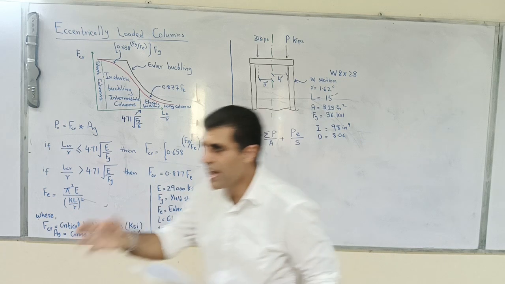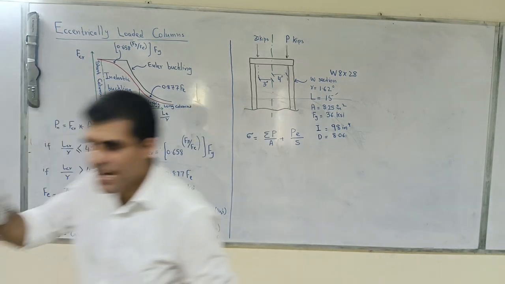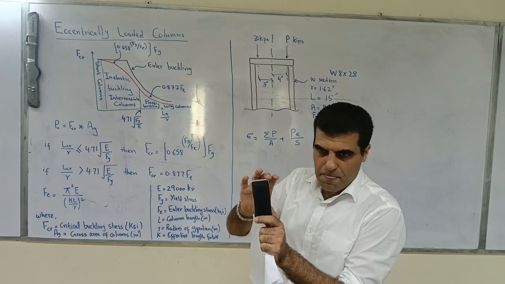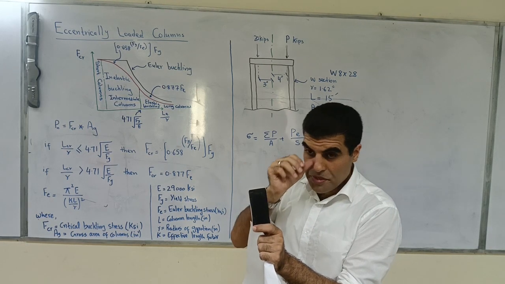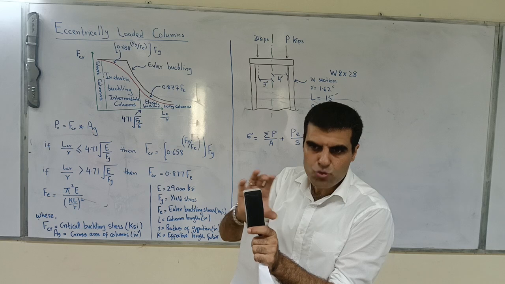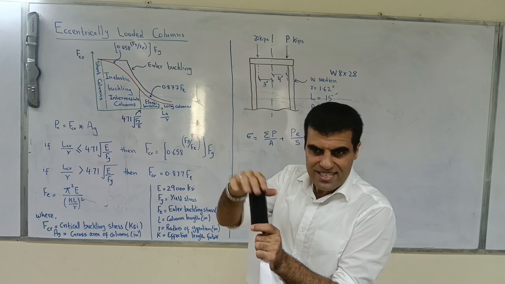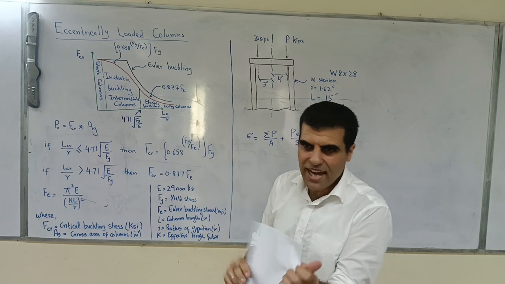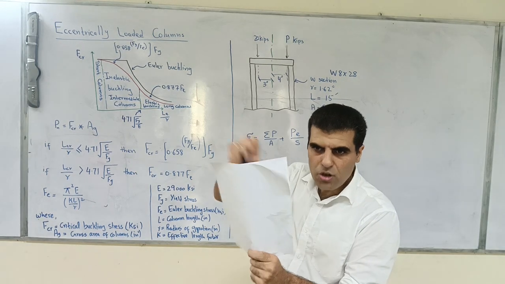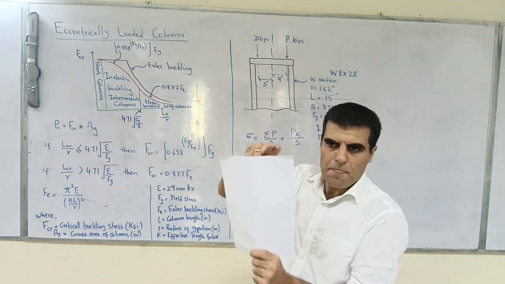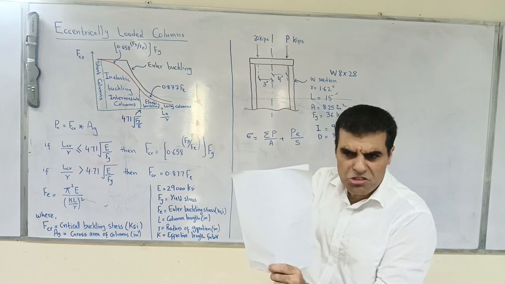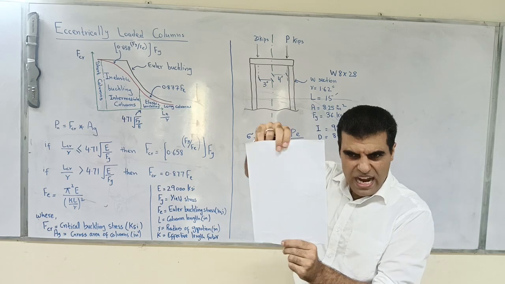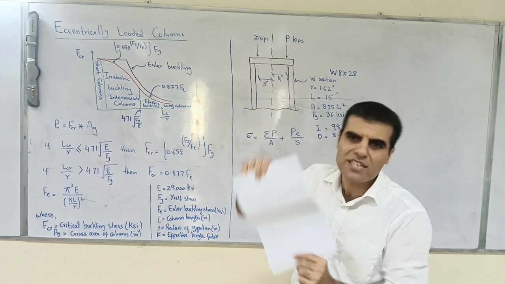So what's going on in this member whose length is almost twice that of this dimension, still when I apply load on it, it doesn't buckle. And in the case of paper, although the length is almost 1.5 times the area dimension, I apply a very little load and it buckles.